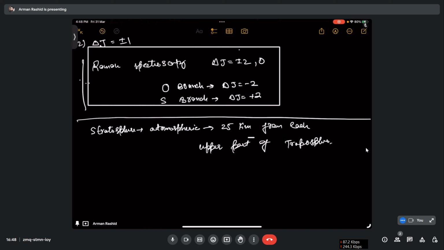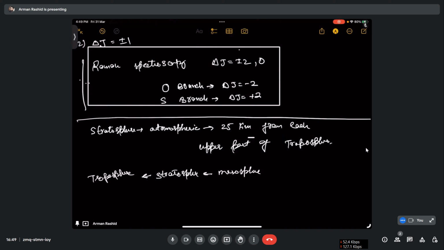So we have, for example, the earth's surface, then from the earth's surface we have the troposphere, then we have the mesosphere. The stratosphere is in between the mesosphere and the troposphere.